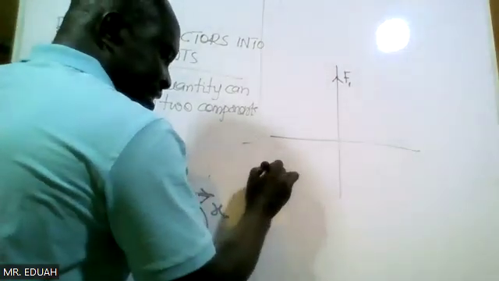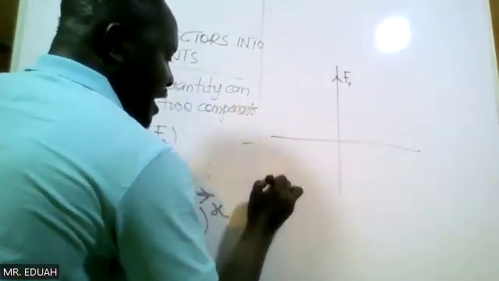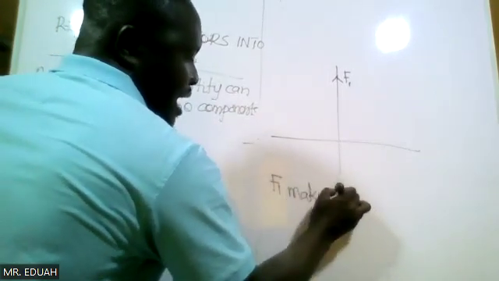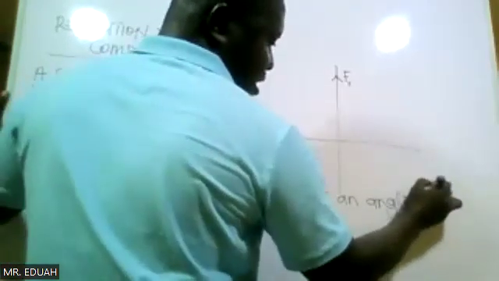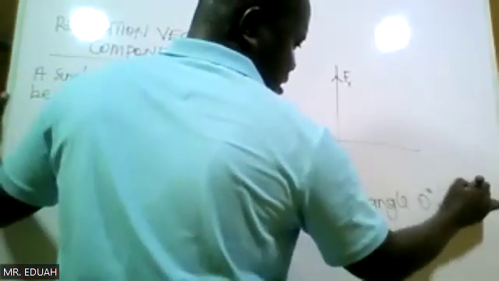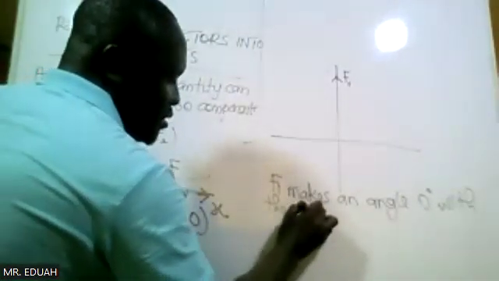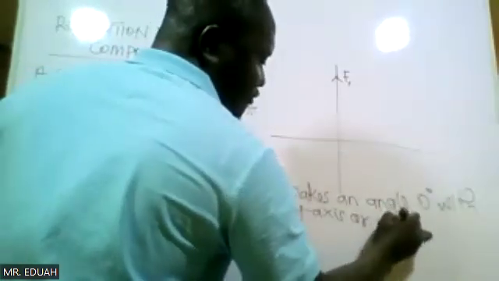So this F1 makes an angle of 0 degrees with the y-axis, or with the north.